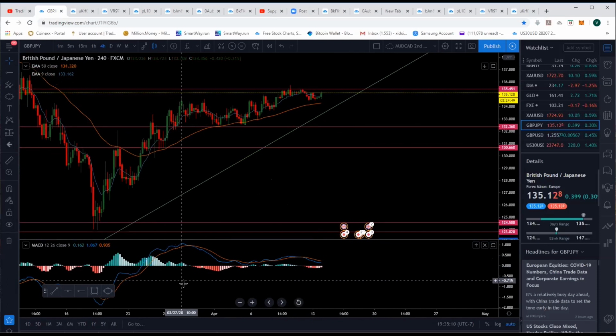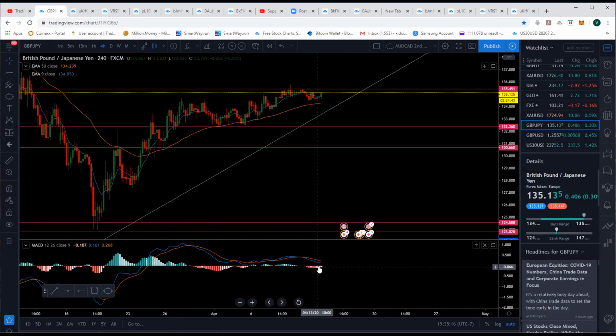So what's that? Convergence. What Jamie always talks about. Divergence. Oh, divergence. See, price is going up and the MACD is going down. Yeah, I see that down here.